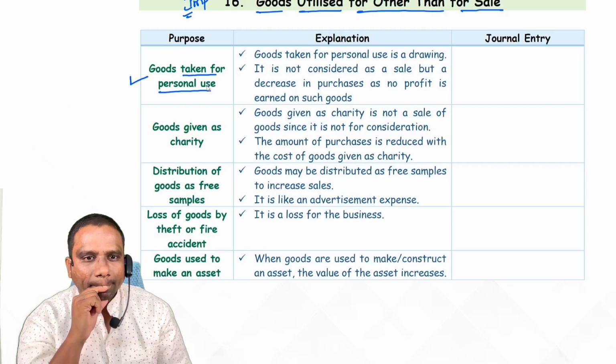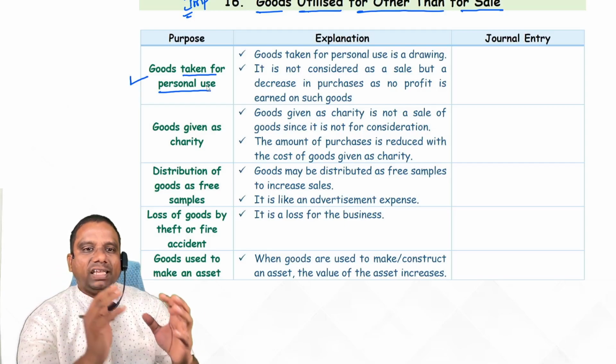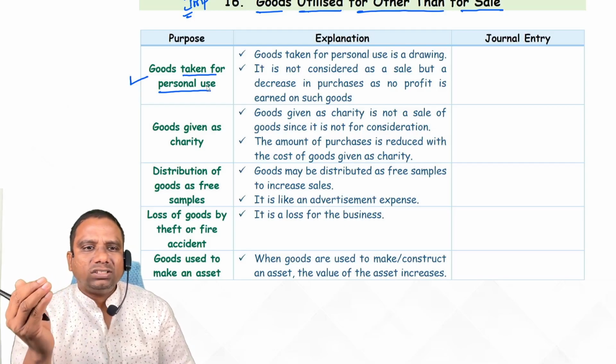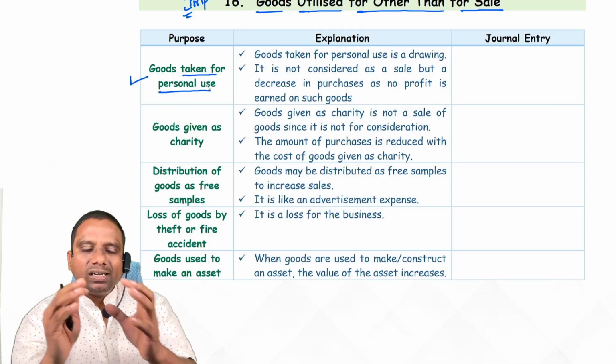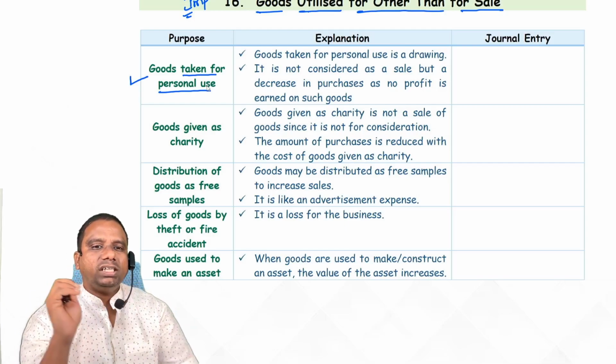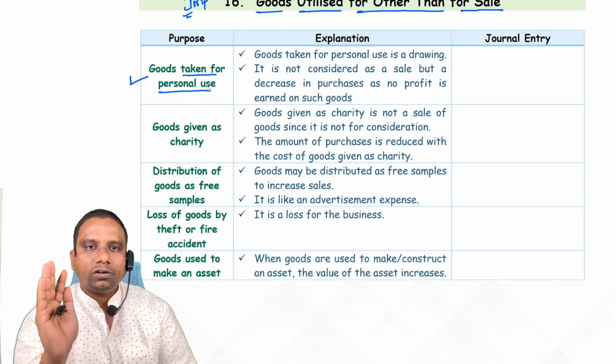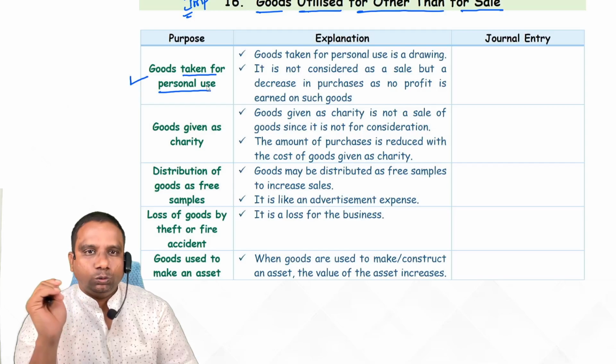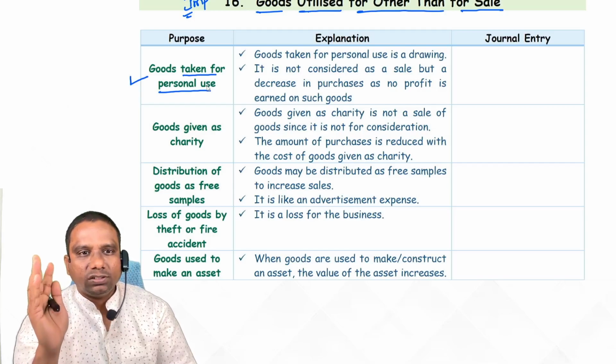That means the proprietor has taken some goods. Let us say we are running a grocery store, so the proprietor may take some grocery items to his home. Yes or no? In that case, we say goods taken for personal use.